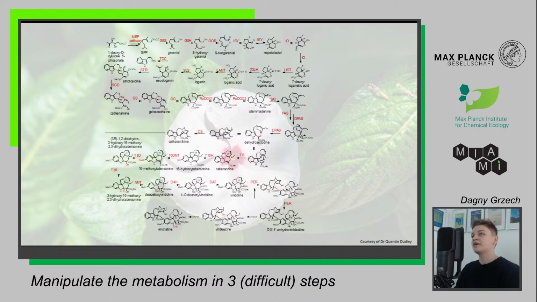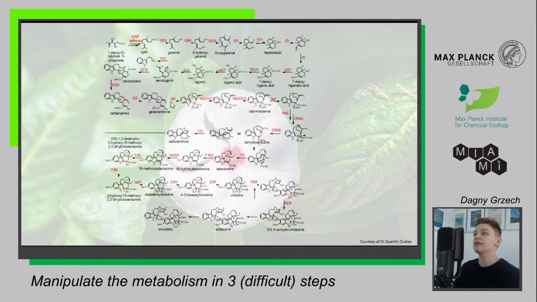Okay, so I showed you before the complicated compound Vimblastin, which right now on this slide you can see right here. And I wanted to put the biosynthetic pathway leading to production of Vimblastin in the slides because I think this is a very good illustration of how complicated the biosynthetic pathway is, and the really interesting chemistry that is going on in the plant to produce this secondary metabolite.